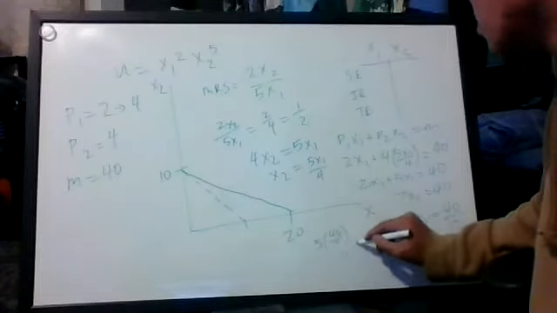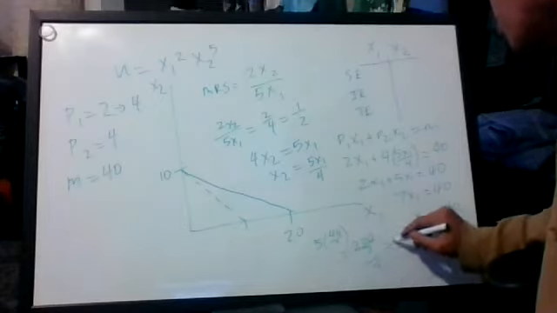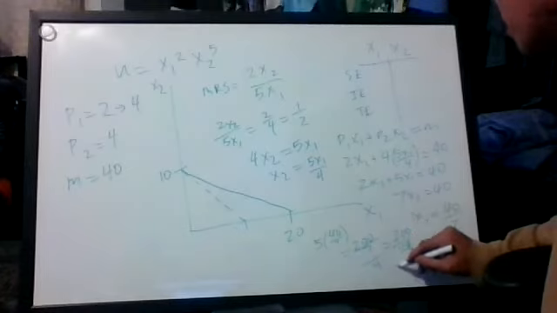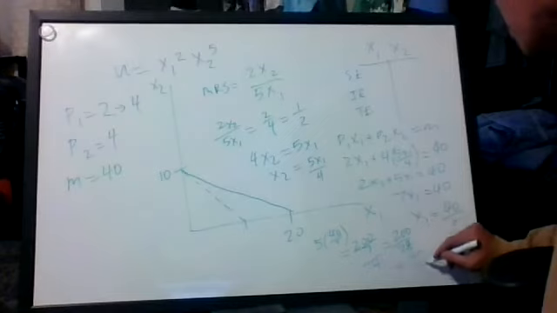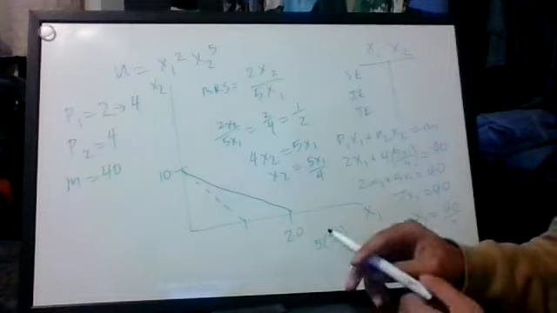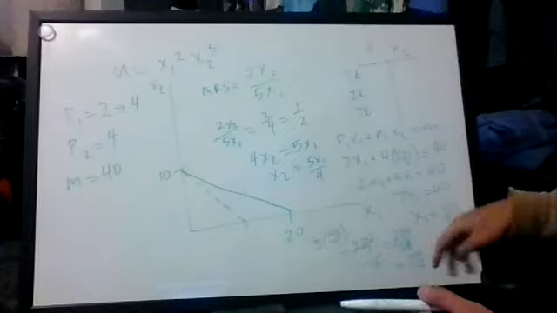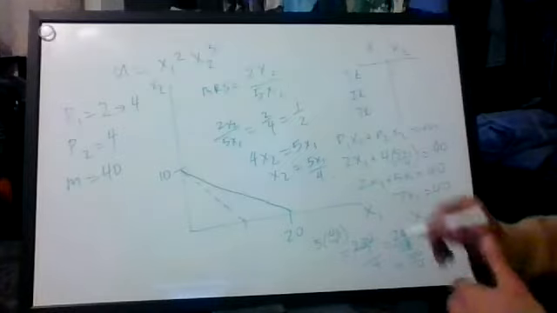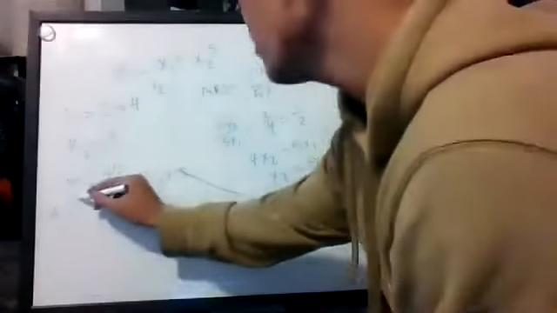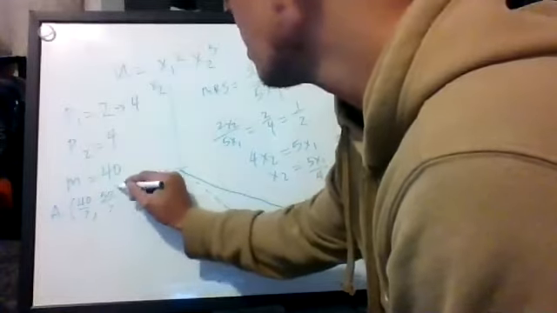So 200 over 7 divided by 4 is going to be 200 divided by 28, 100 over 14, so 50 over 7, right? I'm going through these calculations pretty quickly, but I'm basically just solving for x2 now. So I have that point A is going to be equal to 40 over 7, comma 50 over 7. All right.